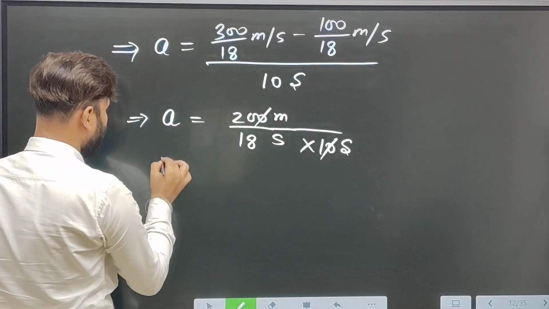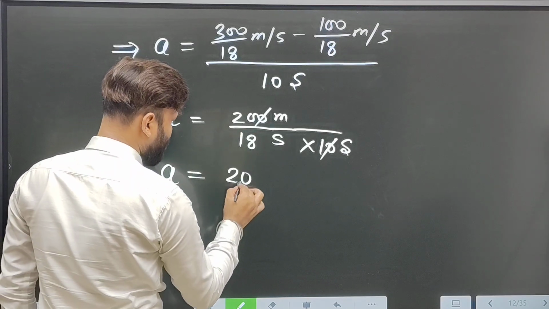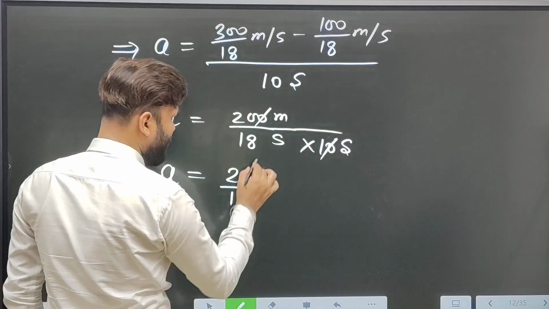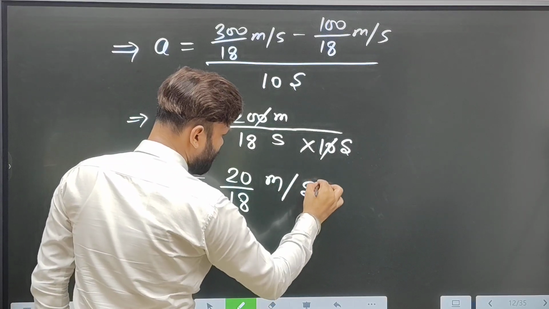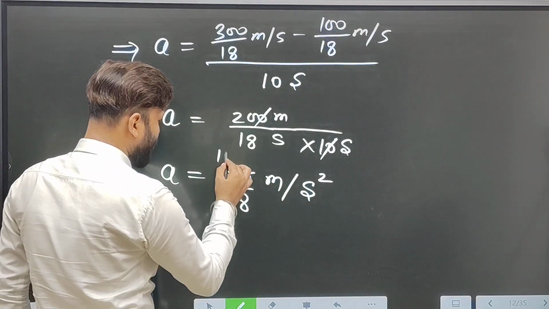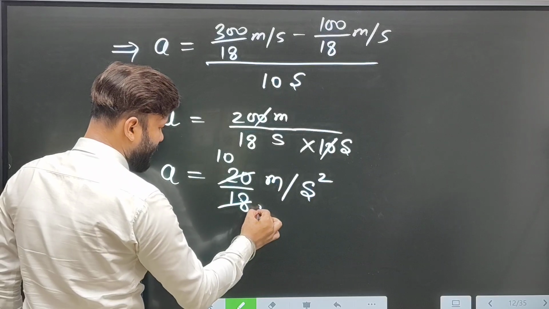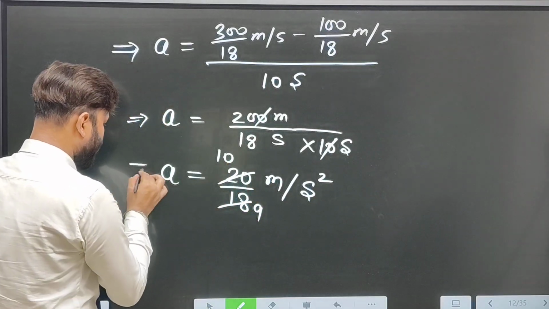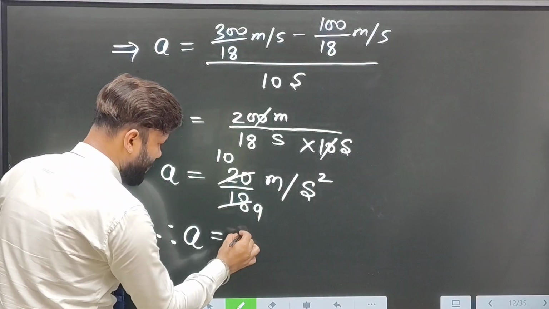So here you can say acceleration is 20 by 18, meter per second square. So you can divide like this, 2 tens are 20 and 2 nines are 18. So 10 by 9.